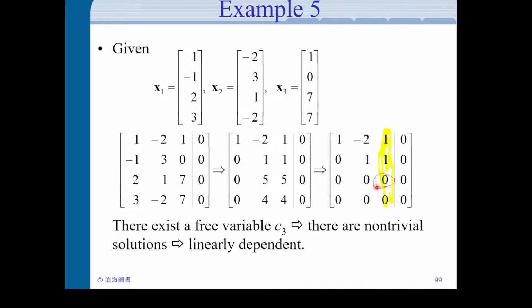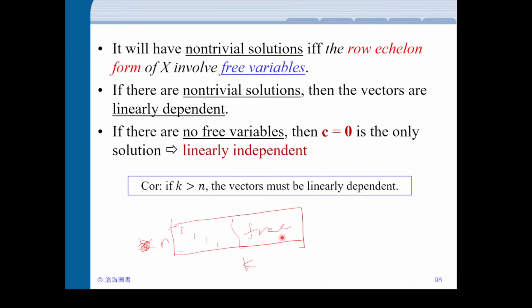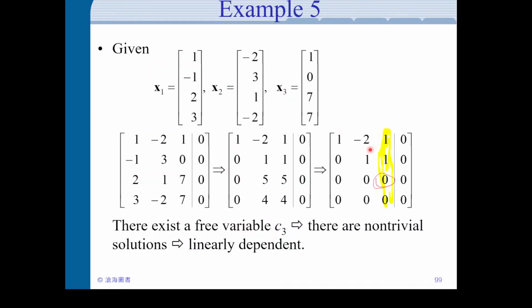Then you know that you have a non-trivial solution to this equation, with the free variable being c3, so x1, x2, and x3 must be linearly dependent. So that's how we can determine whether some vectors in Rn are linearly dependent: you write down this matrix, make it into row echelon form, and see whether it has a free variable.